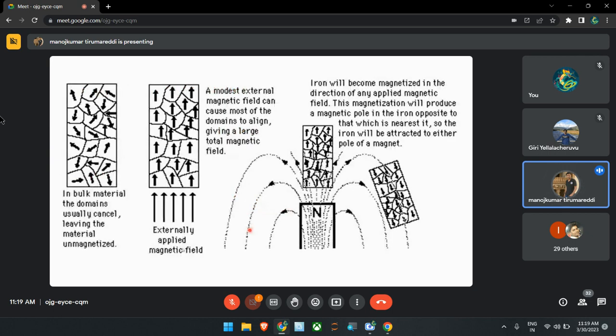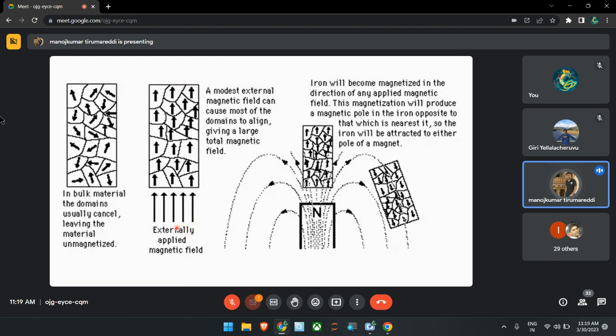Okay, see, if the external field is zero, then the ferromagnetic dipoles are oriented in a random way. They try to align in the applied field and will create another field, that is H magnetic field.